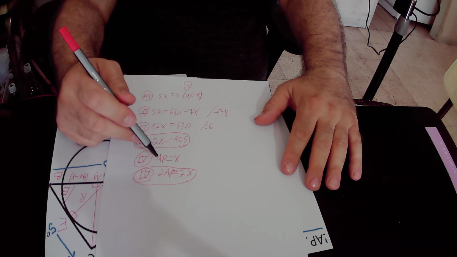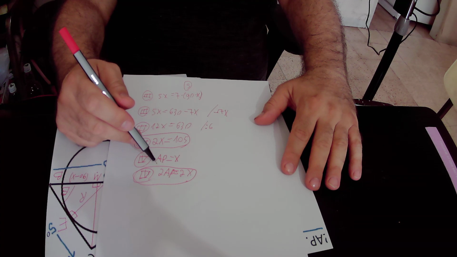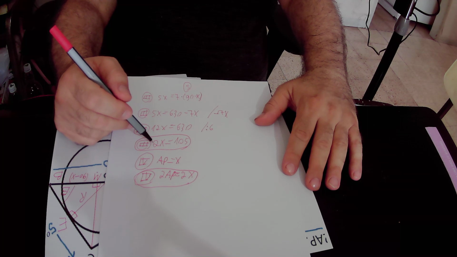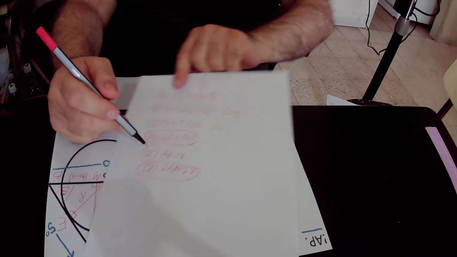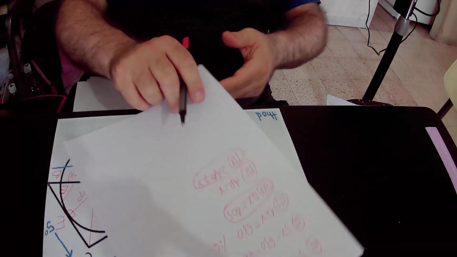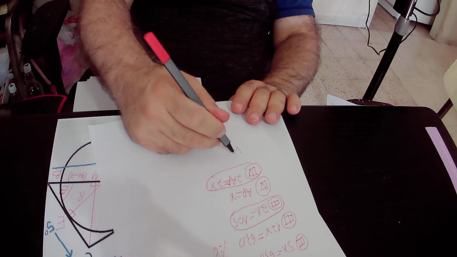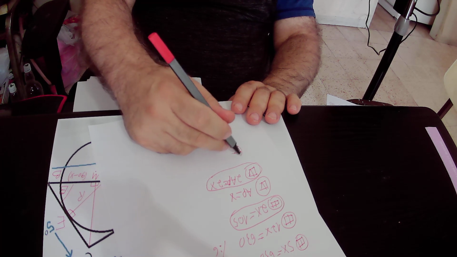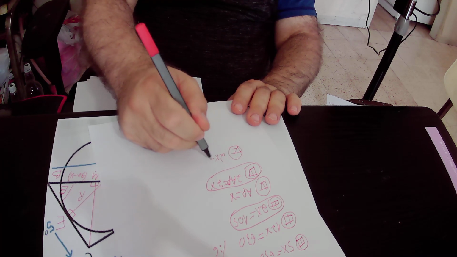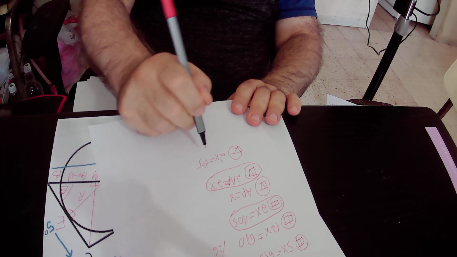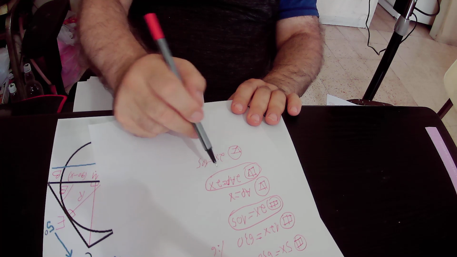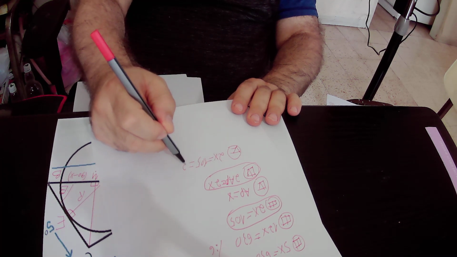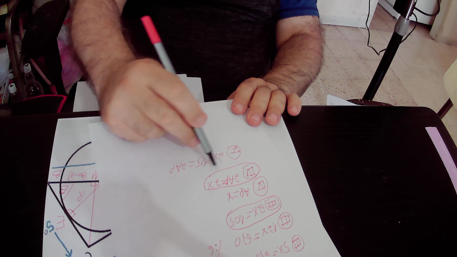Now we will create the fifth equation by combination. We'll combine equations 3 and 4 together with the value of 2 times x. So the fifth equation will be: 2 times x equals 105, that is from the third equation, and 2 times x also equals 2 times AP, that is from the fourth equation.